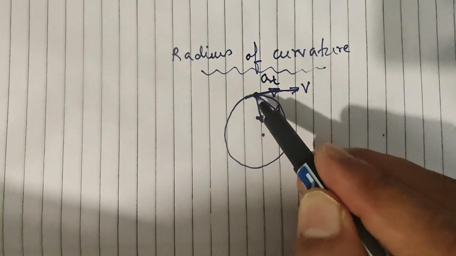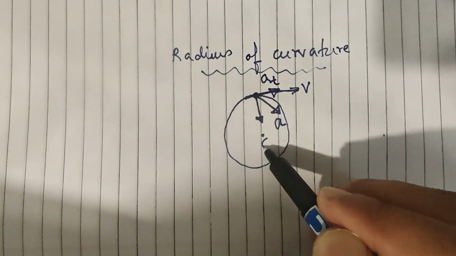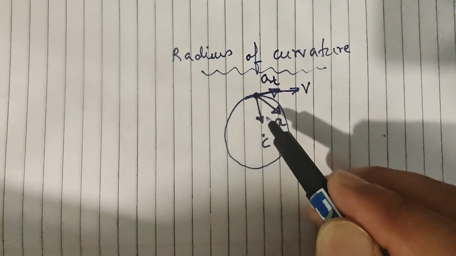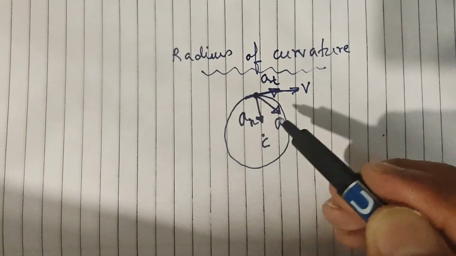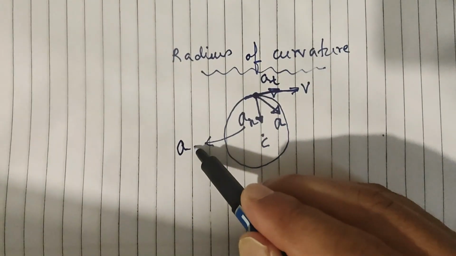And this perpendicular component will obviously pass through the center of this circle, right? Because tangent and radius are perpendicular. So this component is your normal acceleration, or it is also called centripetal acceleration.